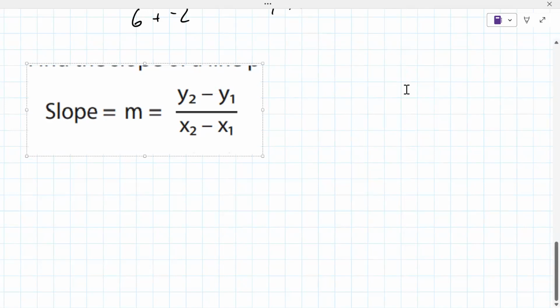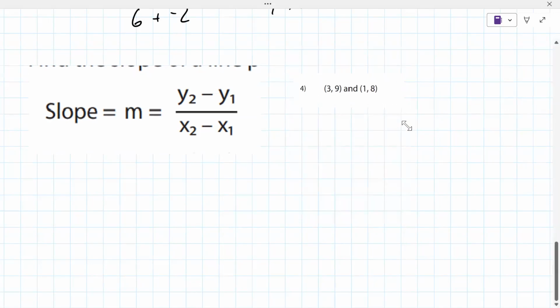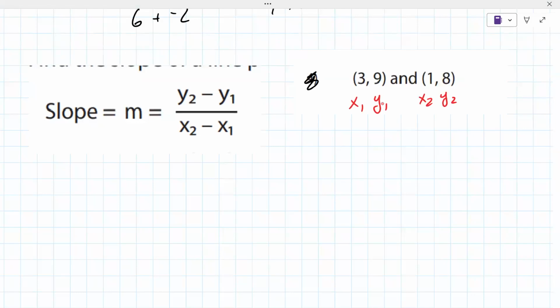All right. We're going to do a few examples together, and then I'll have you try some on your own. But let's start with the easy ones. So here's a set of numbers, 3, 9, and 1, 8, like that. So it's x1, y1, x2, y2.